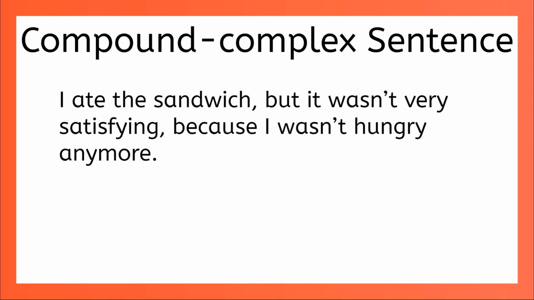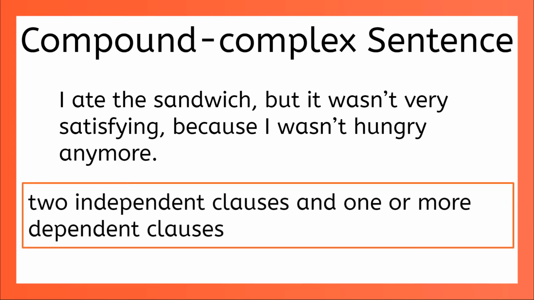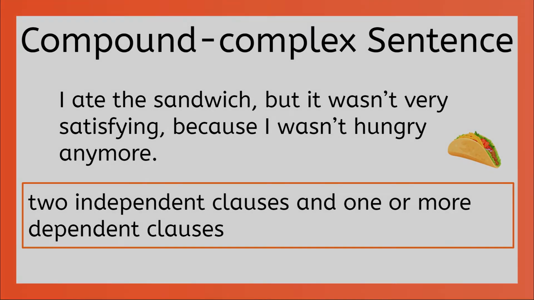I ate the sandwich, but it wasn't very satisfying because I wasn't hungry anymore. A compound complex sentence is made up of two independent clauses and one or more dependent clauses. I probably should have just made a taco.